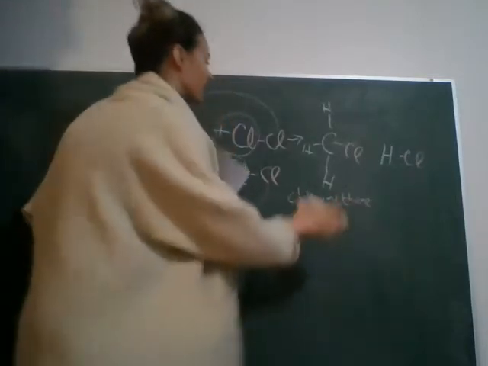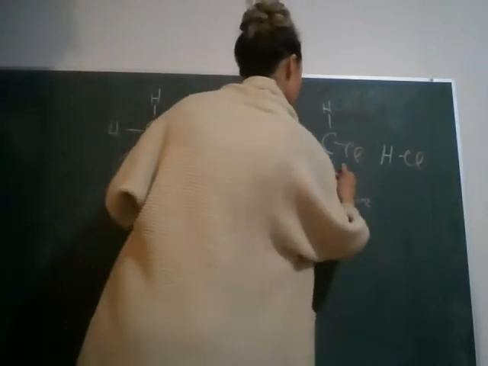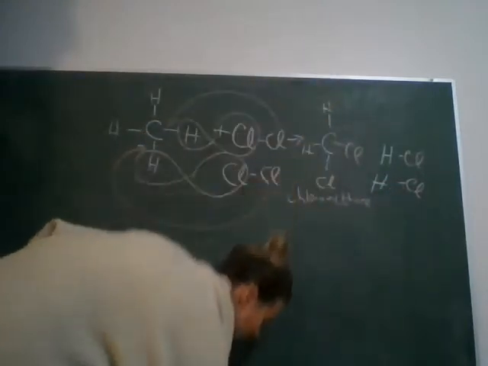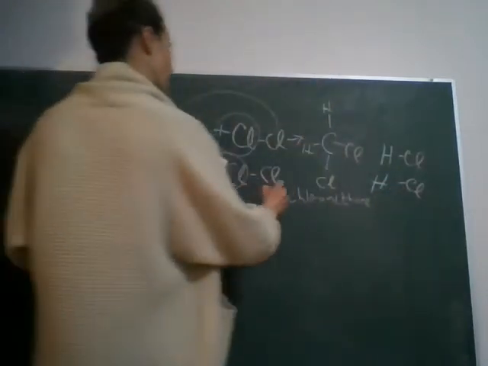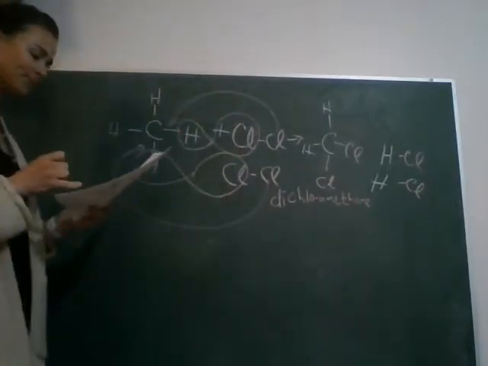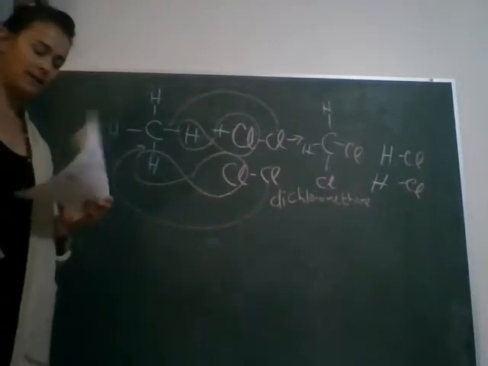So we now get a chlorine here and another hydrochloric acid. We now have dichloromethane and 2 hydrogen chlorides.